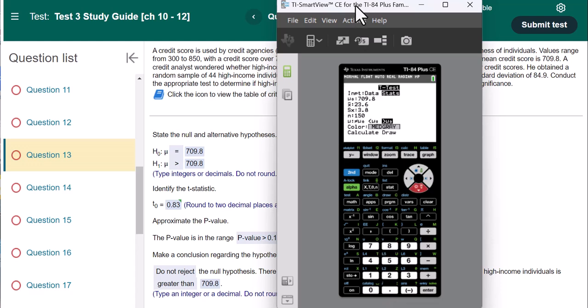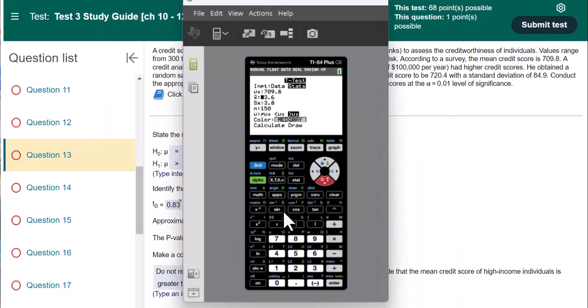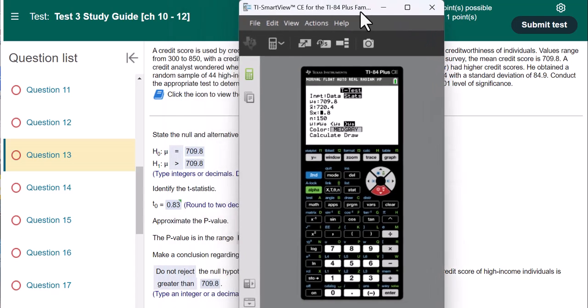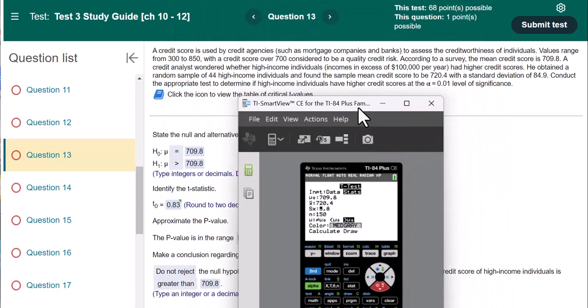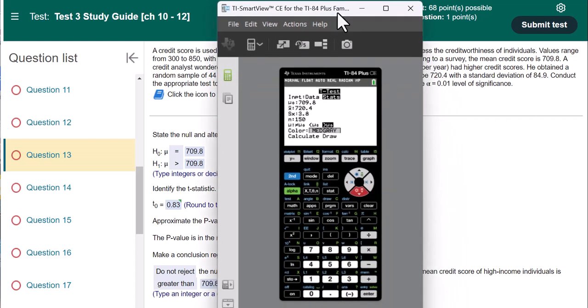Then x bar, what was x bar? 720.4. Then we need the standard deviation, which is 84.9. That's huge. And the sample size is 44.